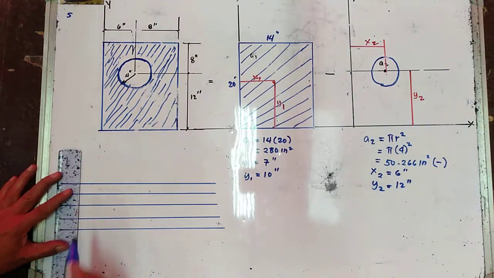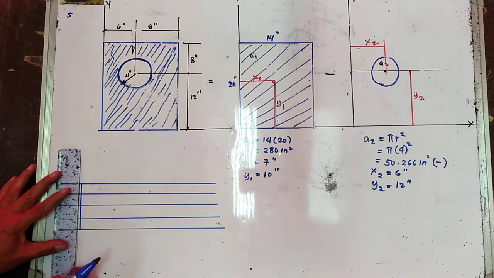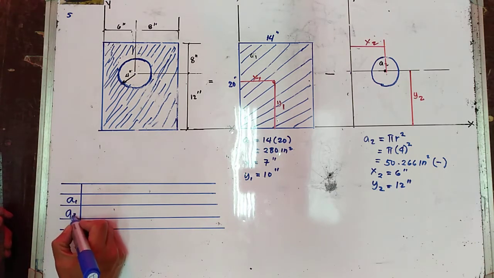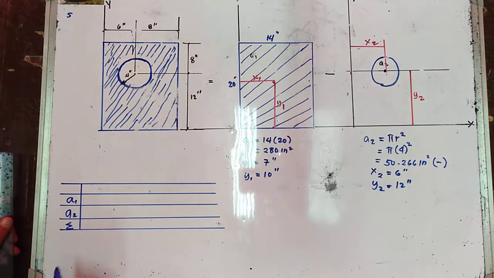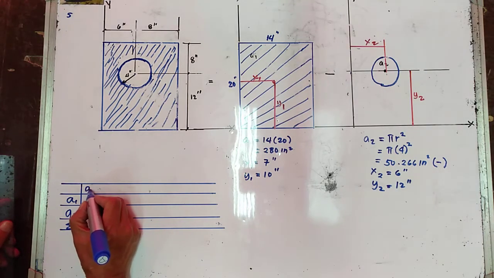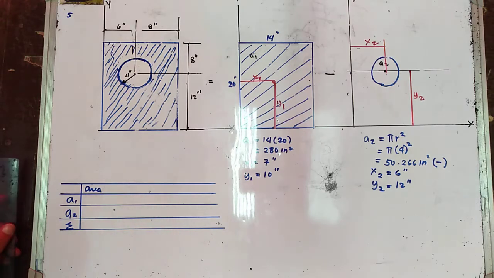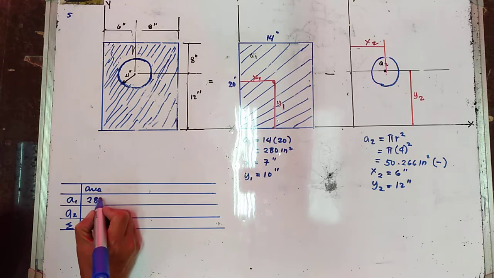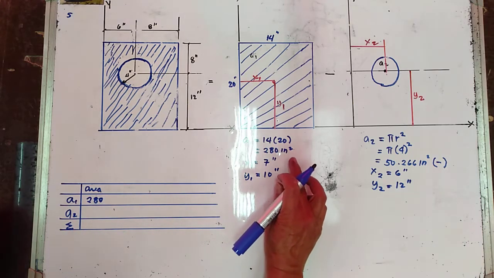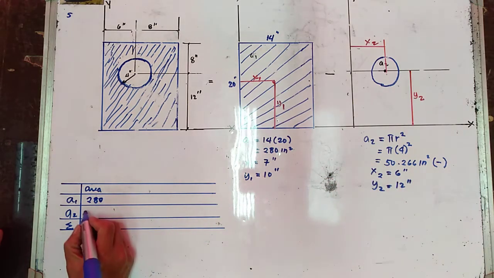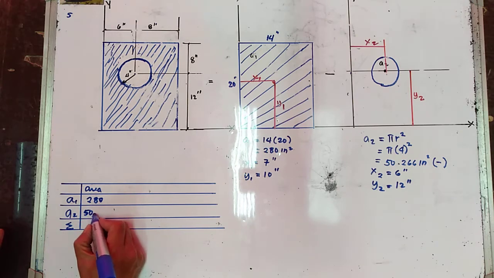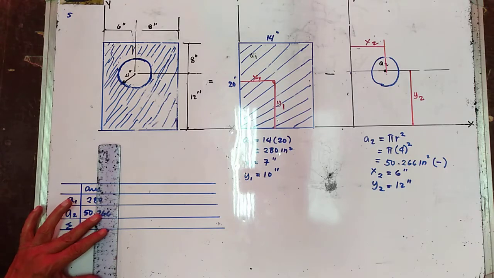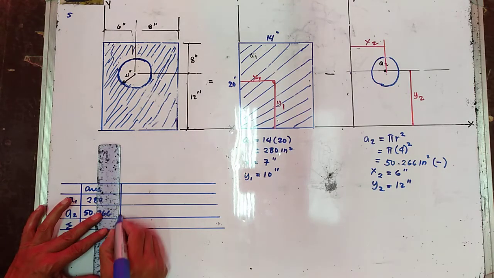So this is A1, this is your A2, and this is the summation. And then we have the area in square inches. Area 1 is 280 square inches, and area 2 is 50.266 square inches.